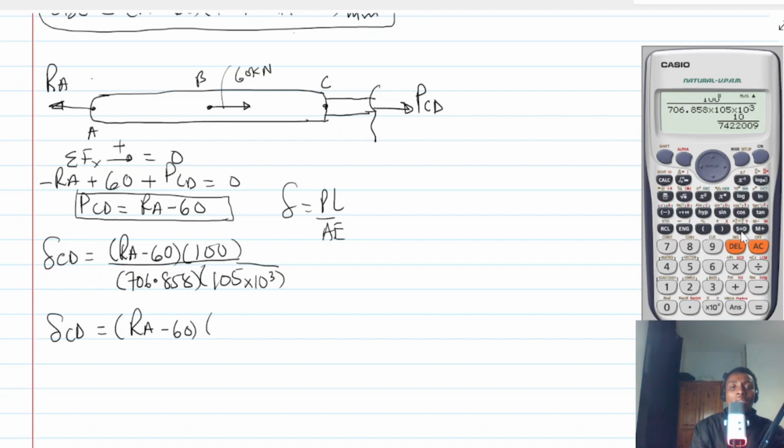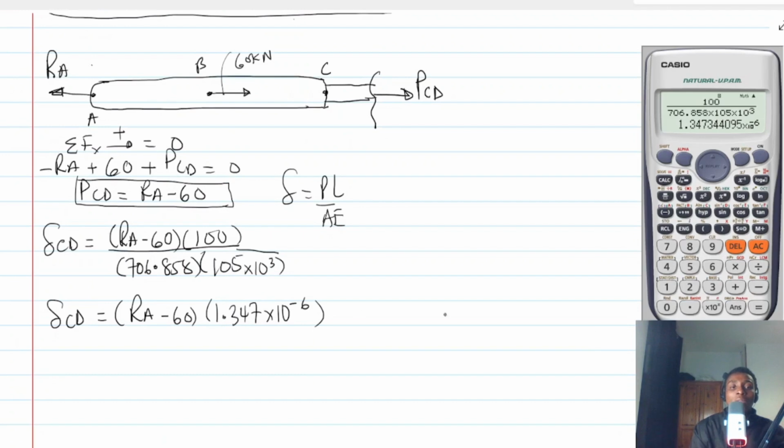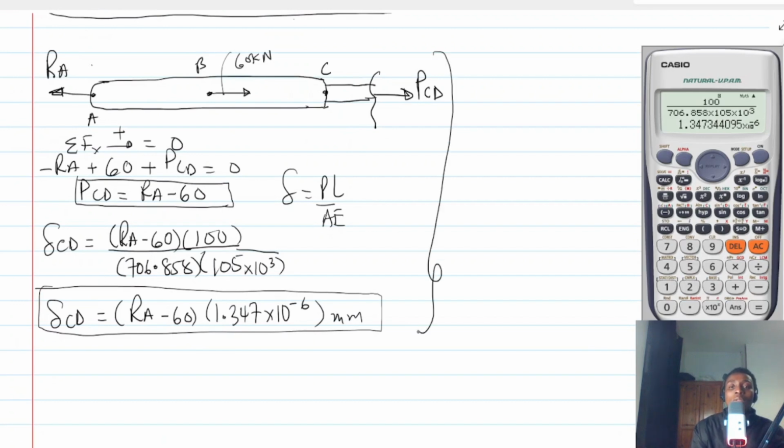And what is that? 1.347 times 10 to the power 6. So this is the expression for the deflection. All right. So this one is also from C to D.